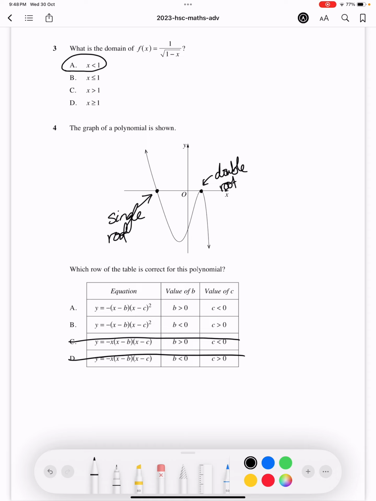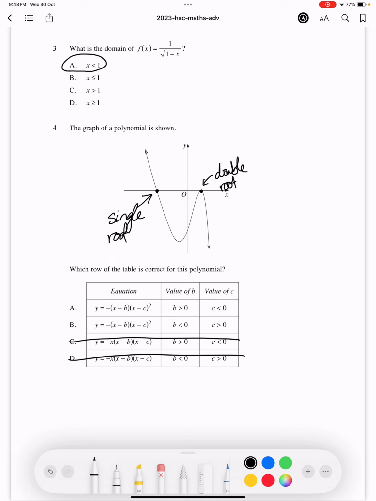Studying my answer options for A and B, we see that the equation is actually the same, but the potential values of b and c, which are the two roots or x-intercepts, are very different. So let's talk more about that.